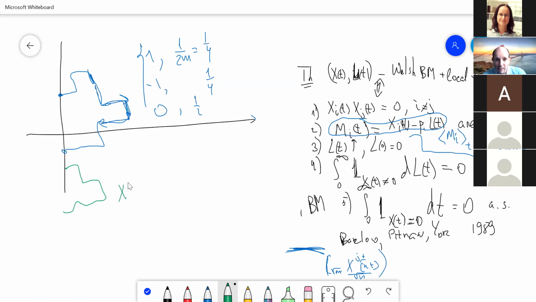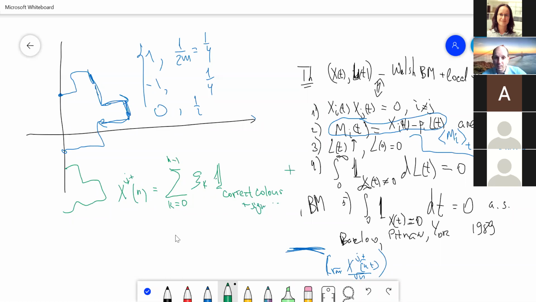So x_j plus of n is a sum of such random variables, say xi_k, k from 0 to n minus 1, times the indicator that you have the correct color and correct sign at the moment k.